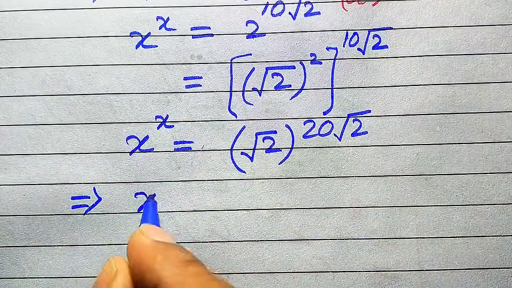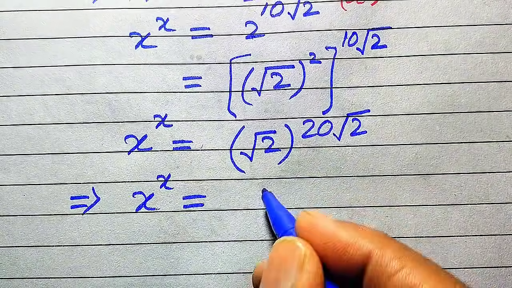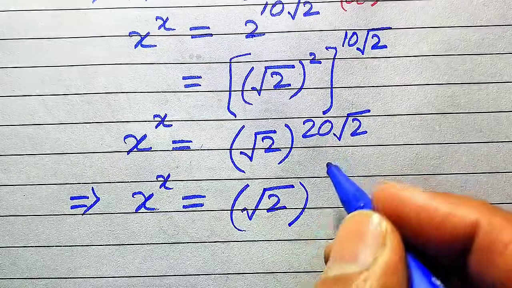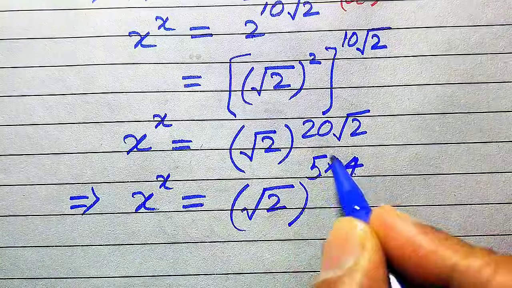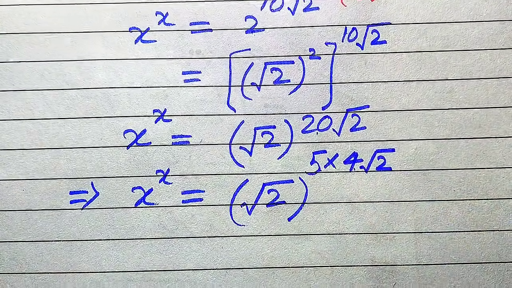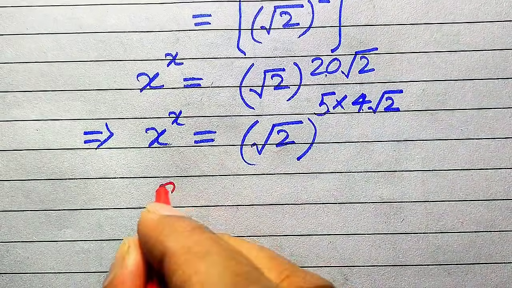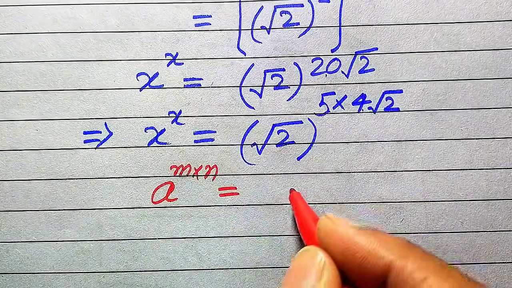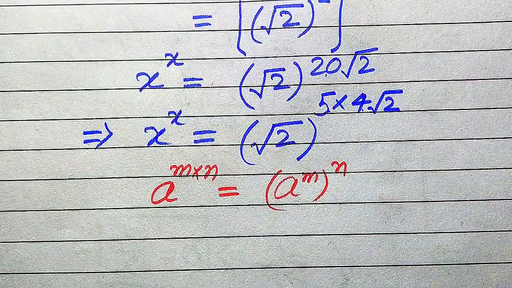So this implies that we have x to the power of x is equal to, here we need to again break this exponent, and it will be written as square root of 2, and we write this 20 as 5 multiplied by 4. We know that 5 times 4 becomes 20, and we write this square root of 2 as it is. Here we use another exponential law, and you know that if we have a to the power of m multiplied by n, we move m inside the term, and it will be written as a to the power of m to the power of n.